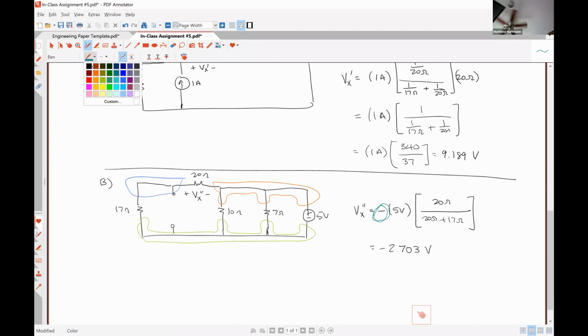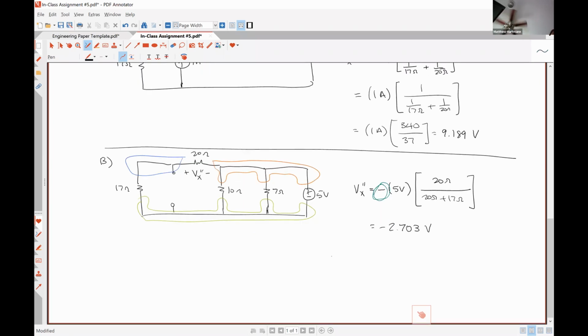So the circuit that I effectively just looked at, the 10 ohm resistance and the 7 ohm resistance don't really contribute much of anything. So I'm really looking at it from the perspective of, here's the 5 ohm resistor, here's the 20 ohm resistor, and here is the 17 ohm resistor.